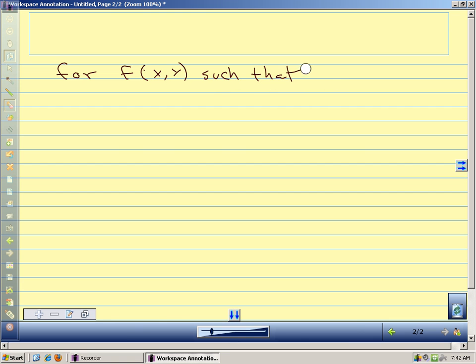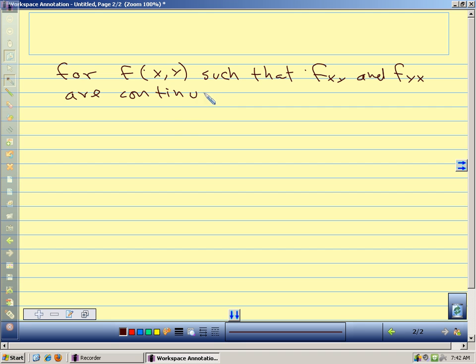such that our mixed partials, f sub xy and f sub yx, are continuous on an open disk.